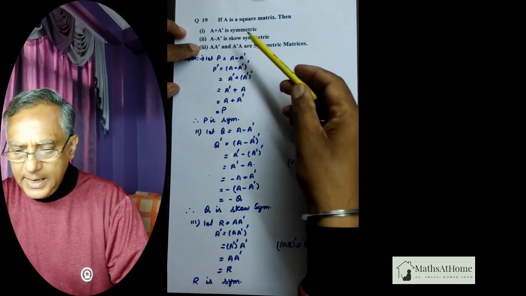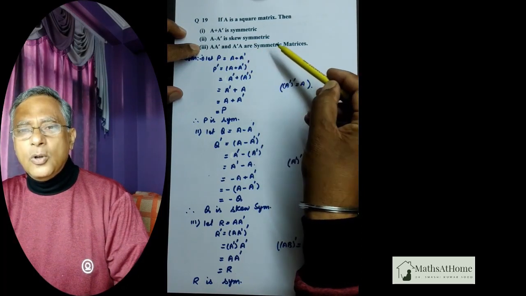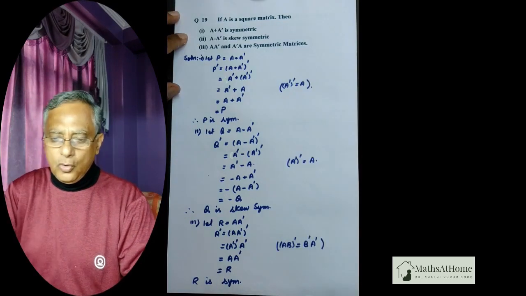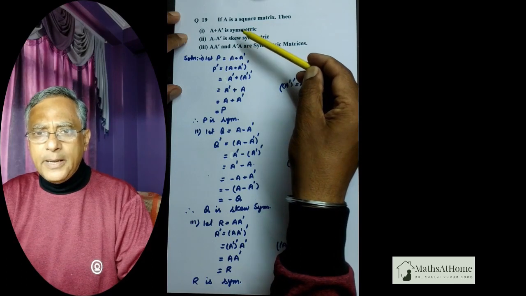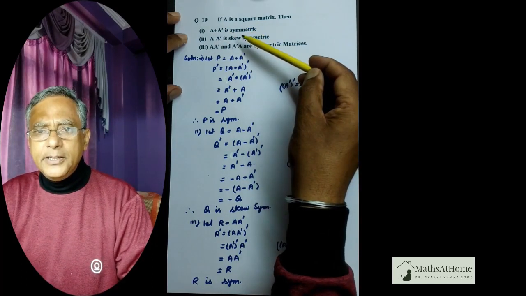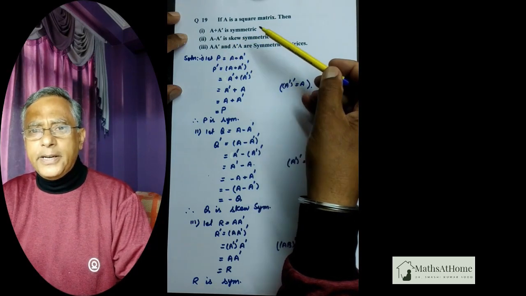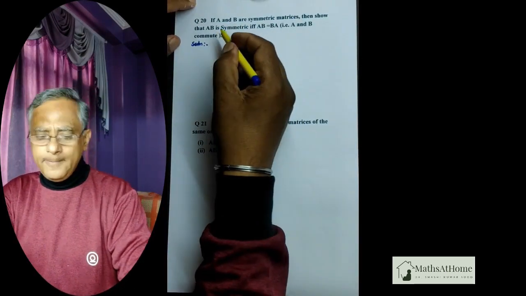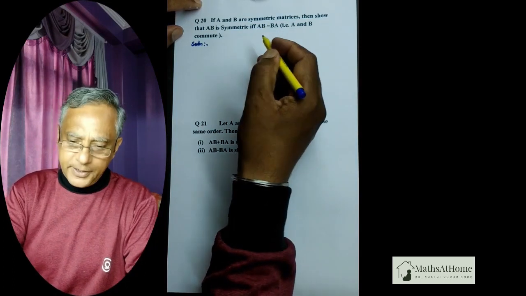And on similar lines, you can prove that A dash A is also symmetric. You can try it yourself. These are not standard results, but still you can remember them. A plus A dash is symmetric and A minus A dash is skew symmetric. A A dash is symmetric. A dash A is symmetric. Try to remember them.